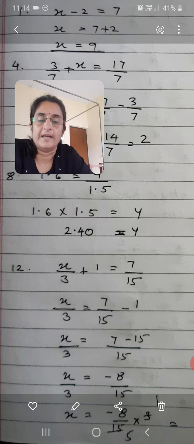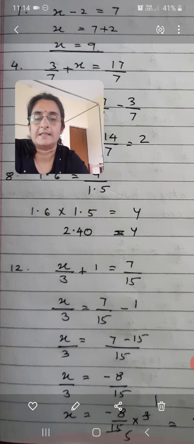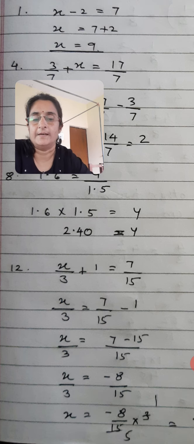Now the base is different, the denominator is different. Multiplication of numerators, multiplication of denominators, and cross multiplication. So 7 into 1 is 7, 15 into 1 is 15. So that gives you minus 8 upon 15.